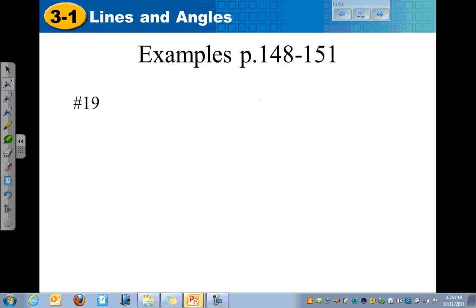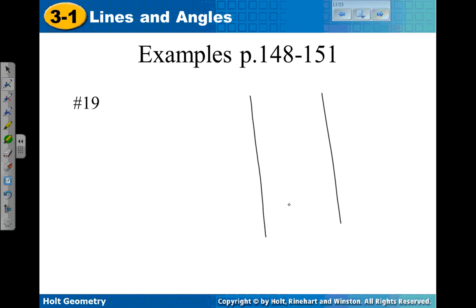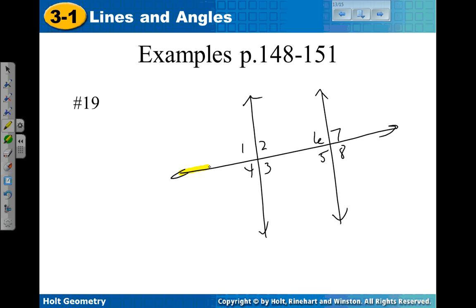So I am going to sketch these real quick because it's not going to take me long to do this. And I want a pair. So 1, 2, 3, 4, 5, 6, 7, 8. And I want a pair of alternate exterior angles. Well, here's your transversal, the one going through the two others.